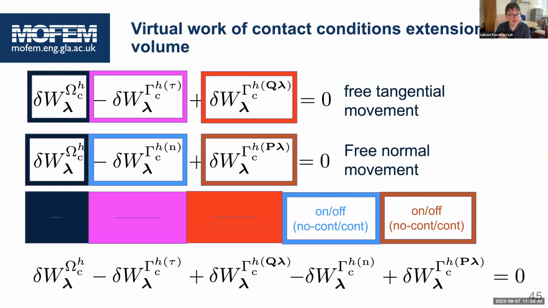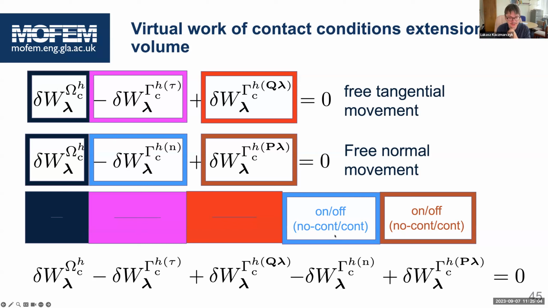On the other hand, when you have no contact, the boundary integral and volume integral cancel each other, and then we allow for separation of the bodies, so a positive gap. All those terms can be represented in this form.